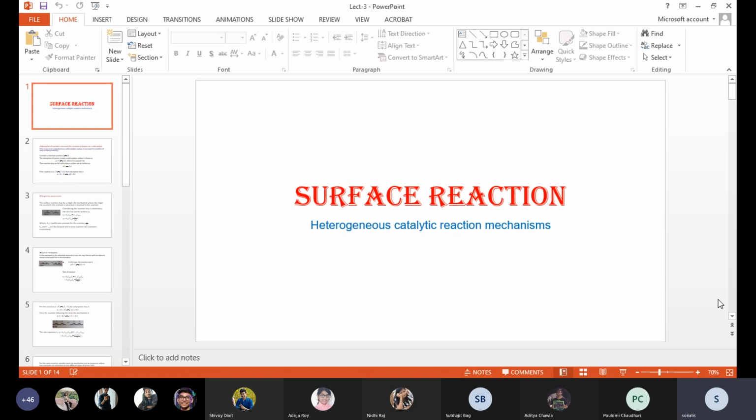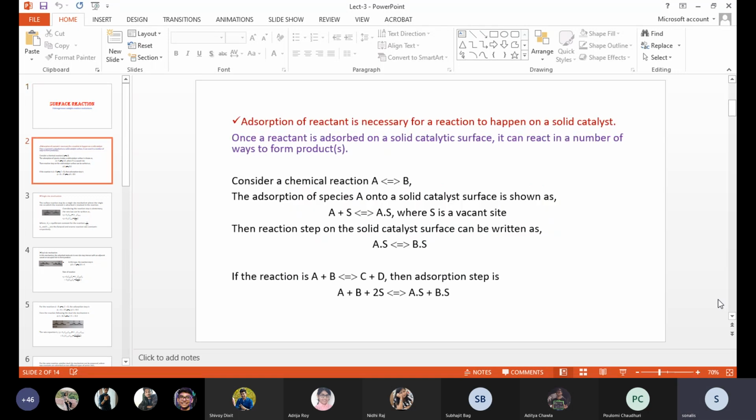Last day we talked about the adsorption. Today we will talk about the surface reaction. Now you know, before any chemical reaction can happen, adsorption is the most necessary step. Adsorption here means chemical adsorption, chemisorption. Otherwise, reaction will not occur.